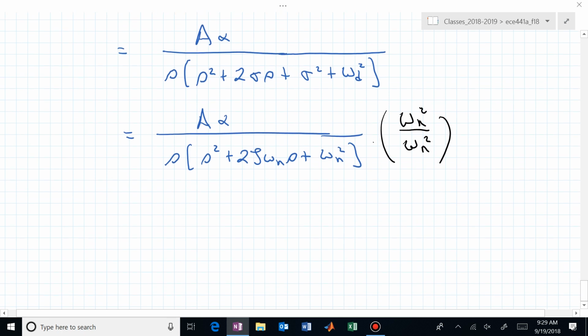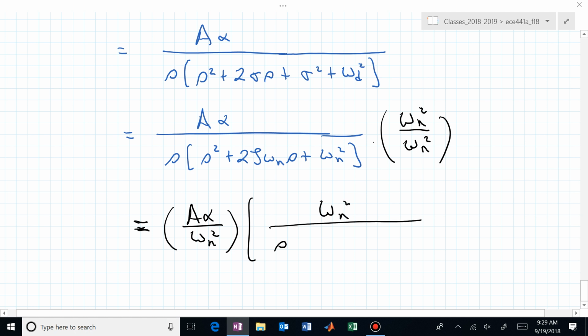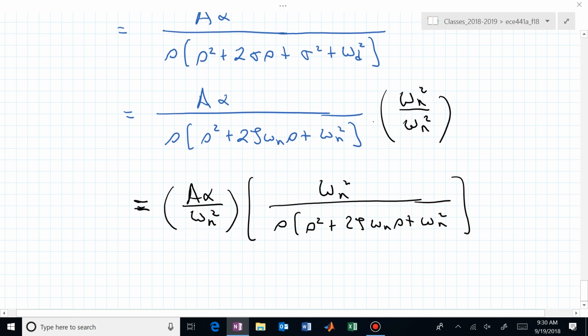So now, if I factor out the numerator A alpha and pull across the omega sub n squared in the denominator, I have omega sub n squared over s squared plus 2 zeta omega sub n s plus omega sub n squared. And why on earth did I do that?